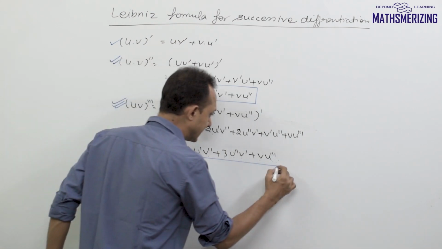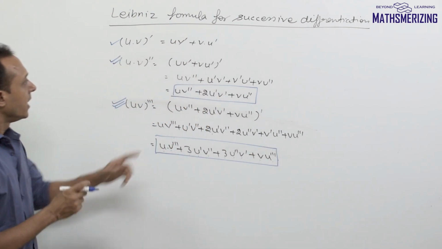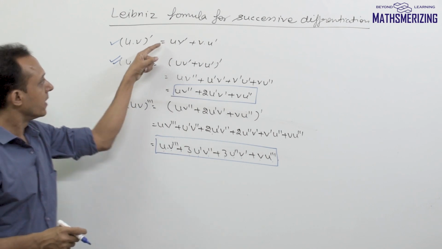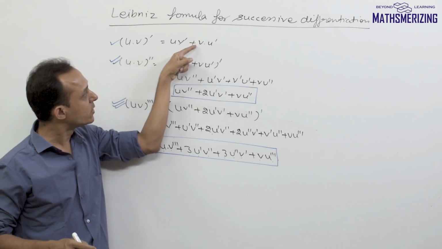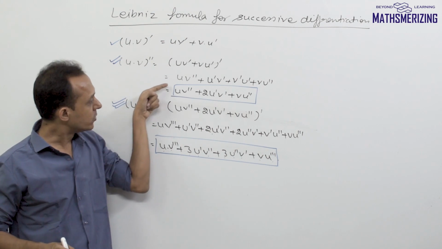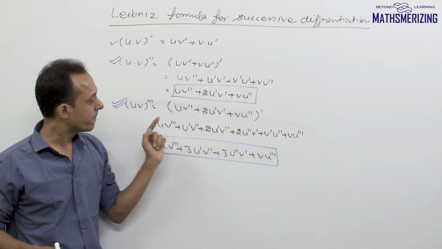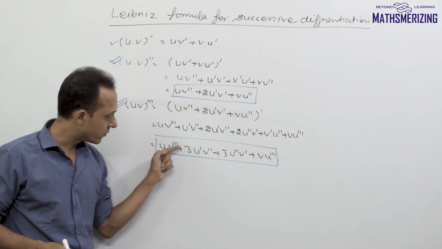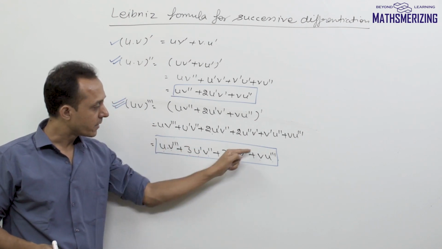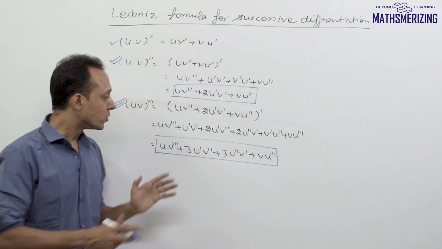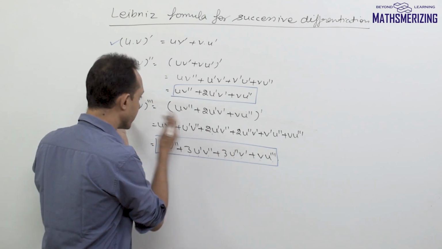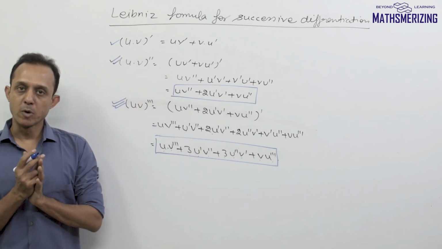If I look at these three results and at the coefficients, here it is 1C0 and 1C1, both of them are 1. 2C0 is 1, 2C1 is 2, 2C2 is 1, then 3C0, 3C1, 3C2, and 3C3. So these coefficients that appear in the result are binomial coefficients.